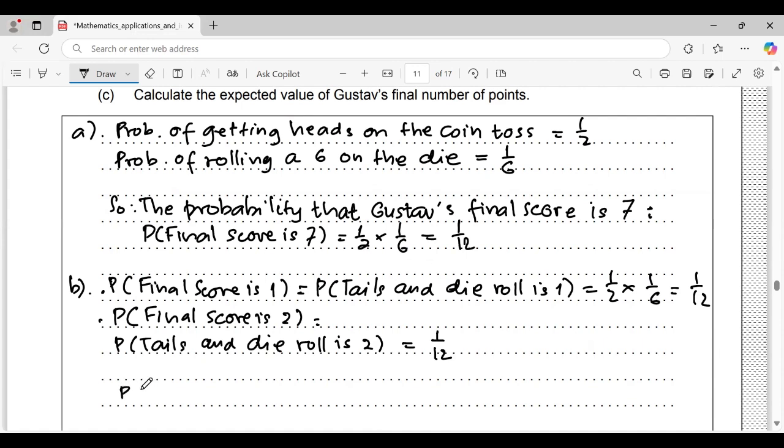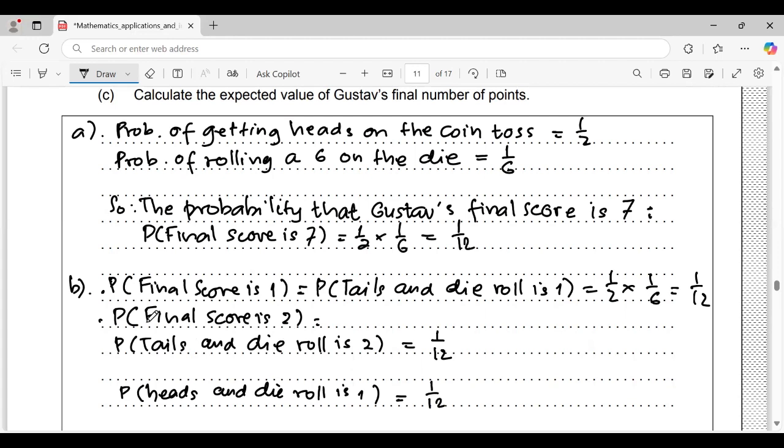And the next is the probability of getting a score of 2 if the coin shows heads. So it is probability of heads and die roll is 1. The probability is 1 over 12 as well.